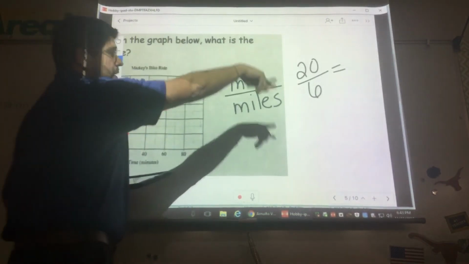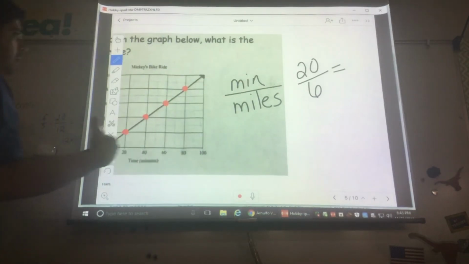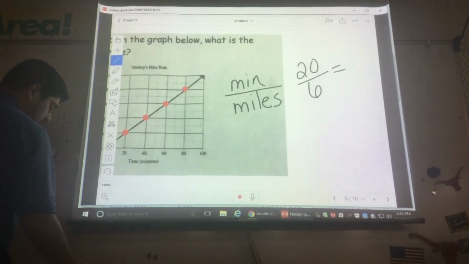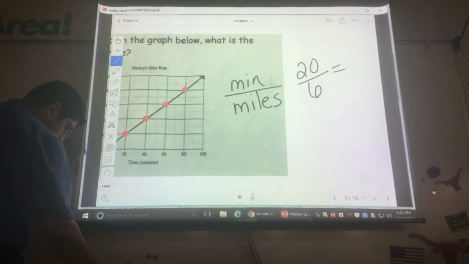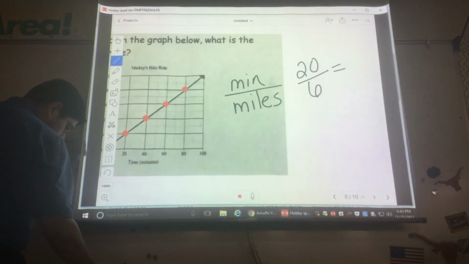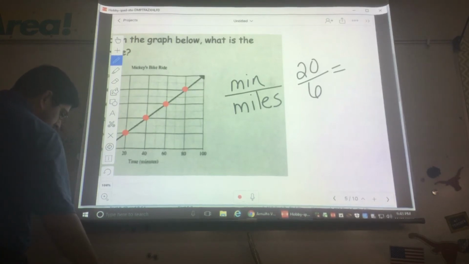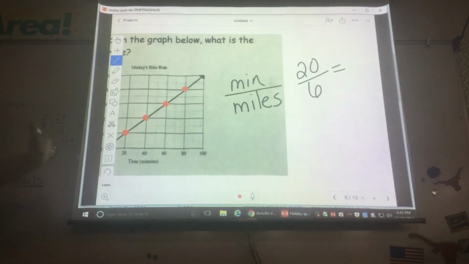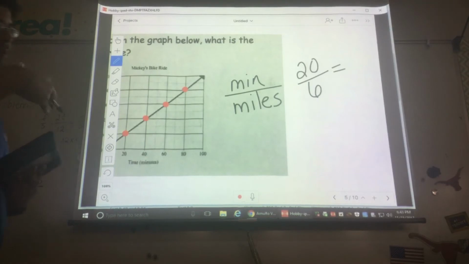So if I divide that, it's going to give me my unit rate. Okay? So 20 divided by 6. Control Enter. Okay. We get 3.333 repeating, right? Goes on and on forever.